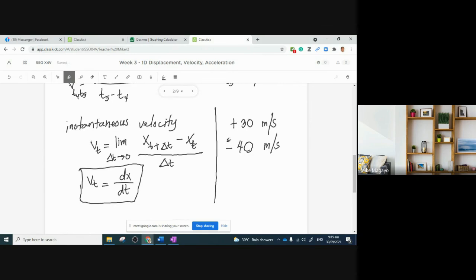Now, let's label this as VA, velocity A, and this is VB, velocity B. In terms of speed, VB is greater than VA, as you can see. However, in terms of velocity, VA is greater than VB. Why? Positive numbers are greater than negative numbers. So I hope that's clear.